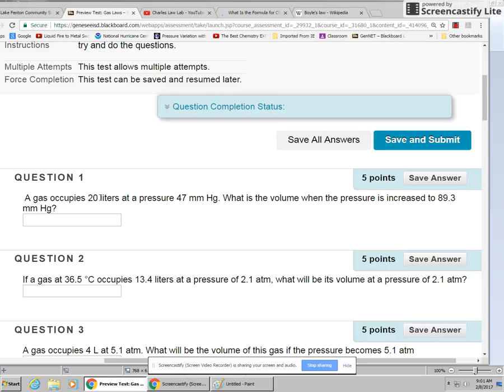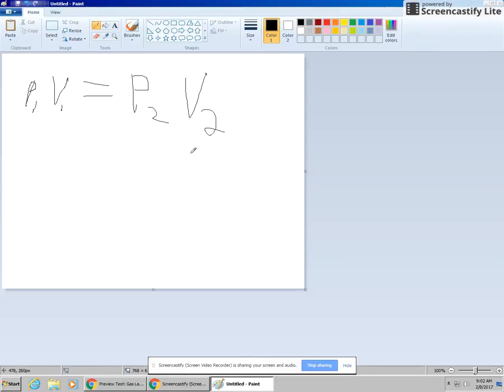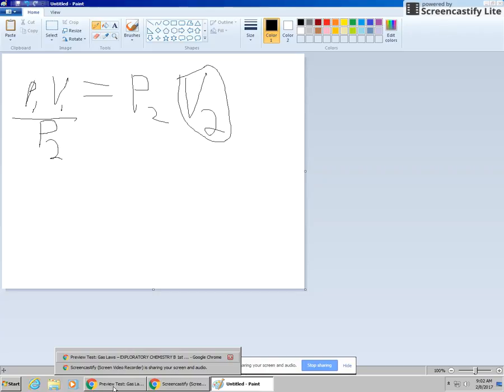But you have P1 and you have V1. You're looking for V2, but you have P2. Ladies and gentlemen, if you're looking for this, it equates out to first number times second number divided by third number.